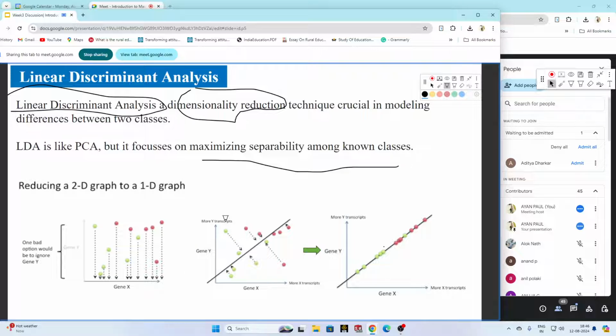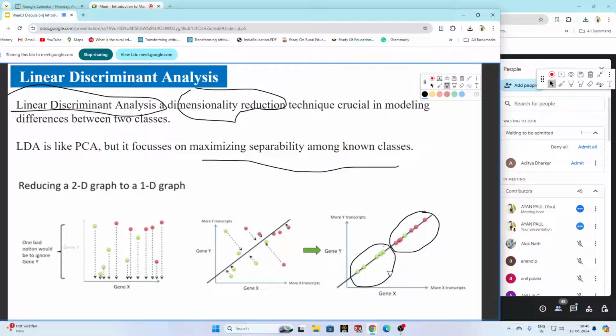You can see that by doing this we are not able to separate our classes well, right? But whenever we project all these data points on this line, we can certainly classify these two groups well. We have only one misclassification error.